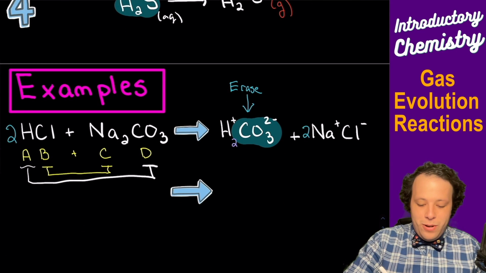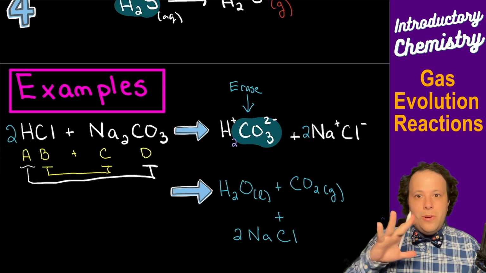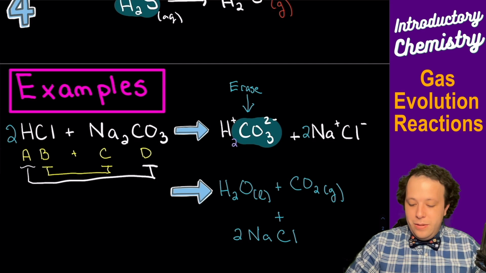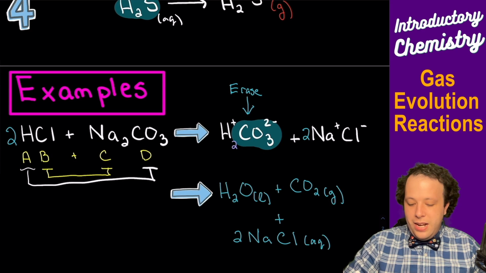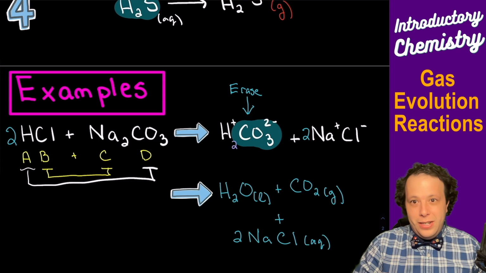So when we write this, we will write that we have H2O, which is a liquid, CO2, which is our gas, and this is in addition to the 2 sodium chlorides that were there in the beginning. So all the products still remain balanced. Everything works out with what it originally had, but instead we have extra products that are forming.